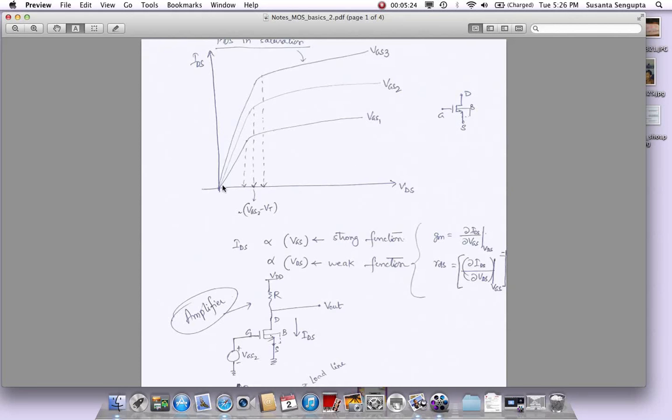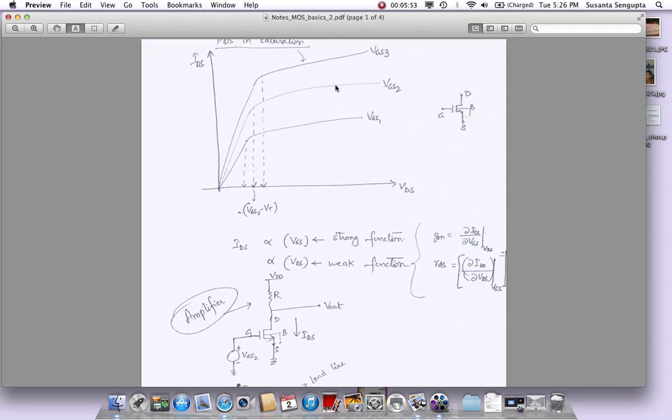Let us say that we were on this plot, the middle one, VGS2. Let's pick a point somewhere around here. So that VGS2 is applied across this, similar to something like here, even though this is an amplifier that I tried to explain. You have a fixed gate to source voltage, which is VGS2, and some drain to source voltage, which could be maybe this value of VDS somewhere here.